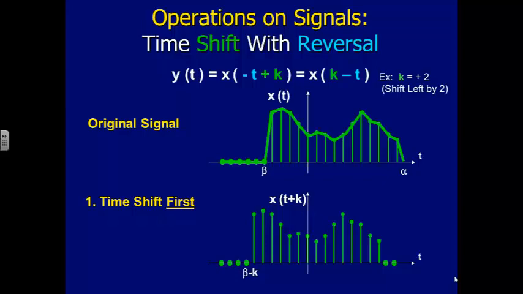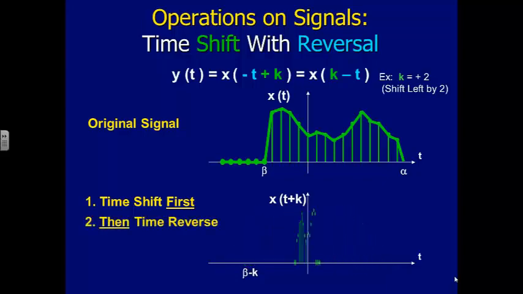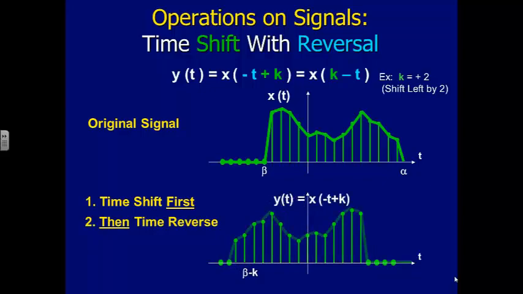We do the shift first, and then we flip that shifted version around the t equals 0 axis, so perform the time reversal second. That then moves the edge that was formerly at beta, now flipped around to the other side at negative beta plus k, and the right side of the signal that formerly was at alpha now is at minus alpha plus k.